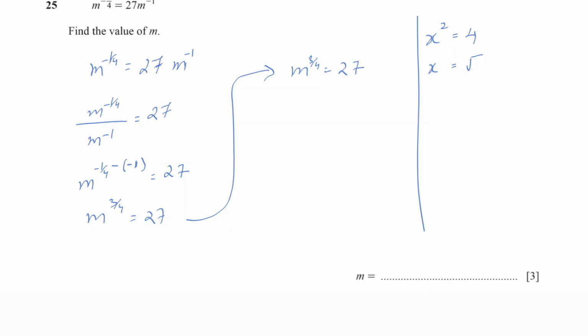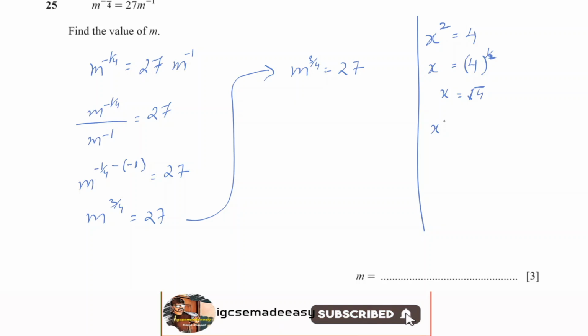But do you know that when I remove this square, it actually becomes the reciprocal of that number on the other side? Before it was square, now on the other side it becomes the reciprocal, 1 by 2, and that is equal to root of 4.